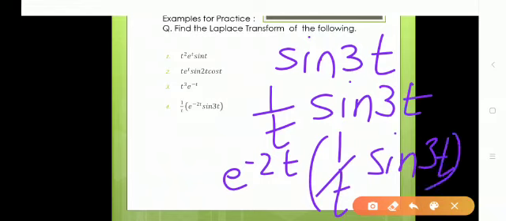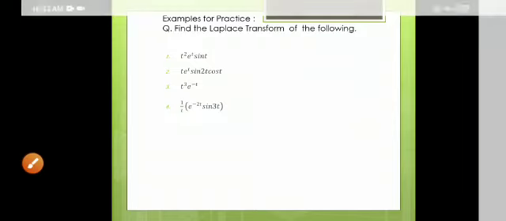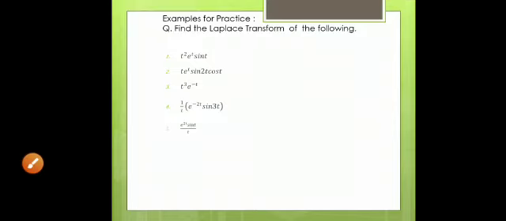So first sin 3t by the standard result, second the division by t property, and third the first shifting property. Again here the same part, find the Laplace transform of sin t, then apply the division by t property, and then apply the first shifting property.